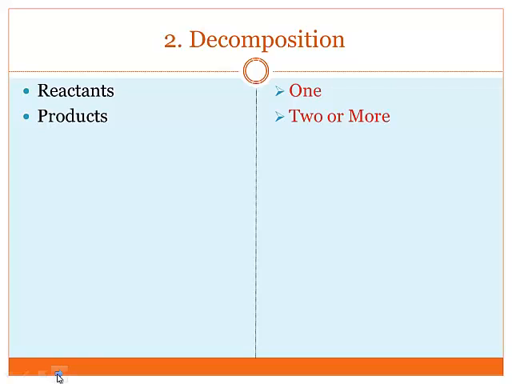Where a synthesis reaction had the general formula that A plus B produces AB, the decomposition reaction has the general formula that AB breaks down to produce A and B. Again, A and B don't have to necessarily be elements, they just have to be simpler materials than the initial reactant.